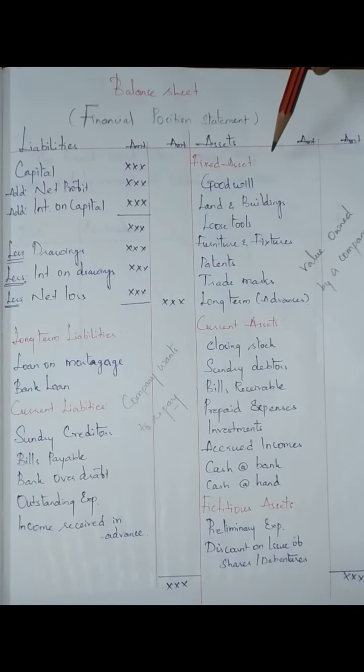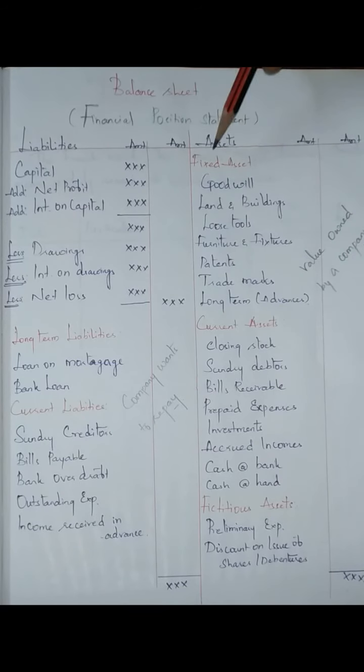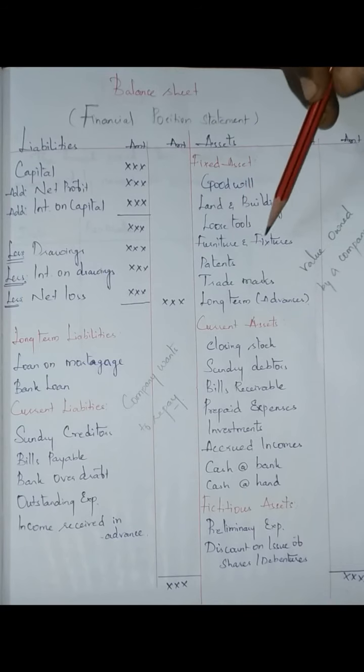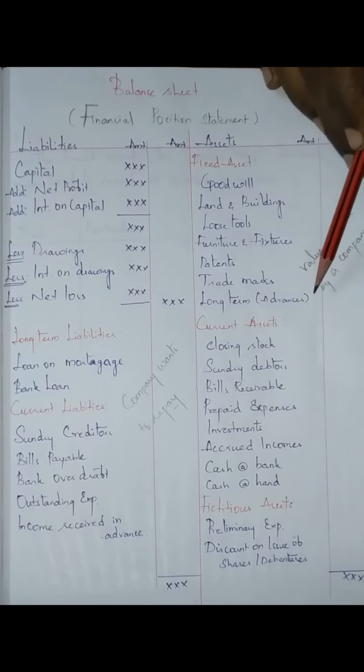Generally, an asset means a value owned by the company. Fixed assets include goodwill, land and building, loose tools, furniture and fixtures, patents, trademarks, and long-term advances.